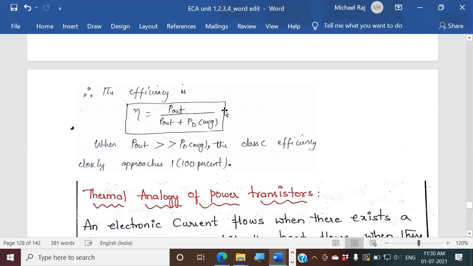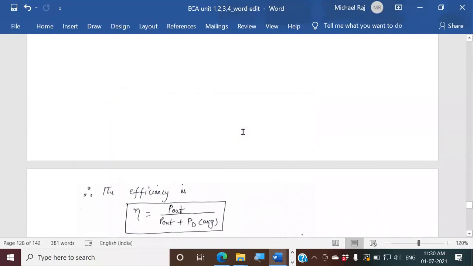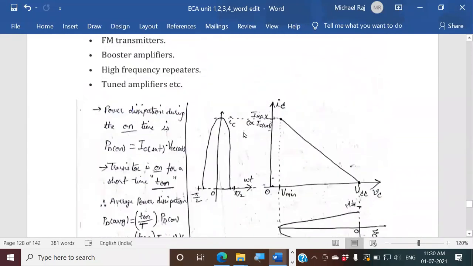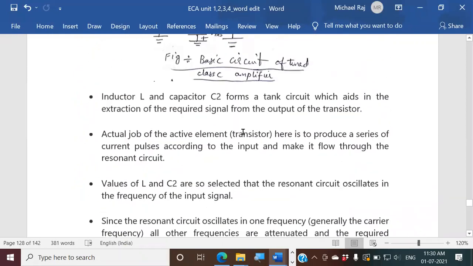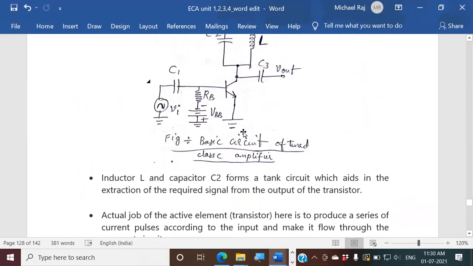In percentage, it is 100%. So it can give 100% efficiency if we can minimize the power lost in dissipation. So this is about the class C amplifier, which we discussed in the previous class.